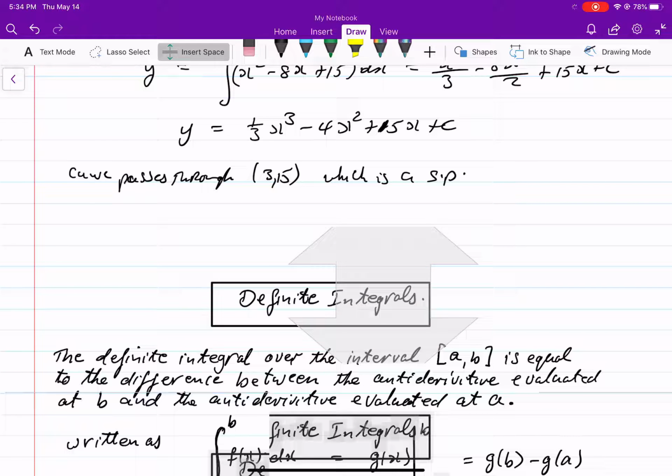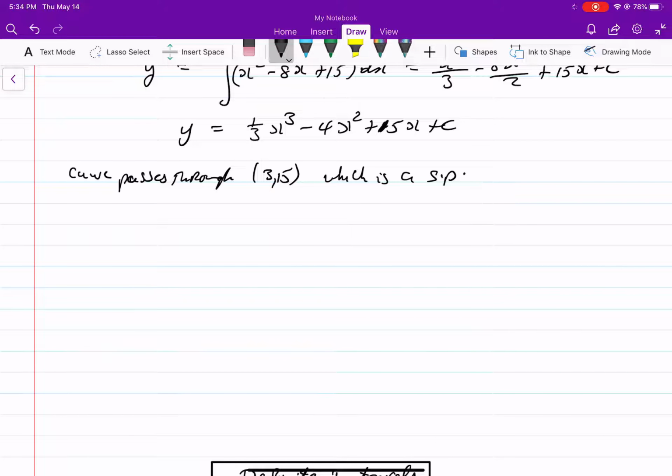Therefore, 15 is equal to 1/3 times 3 cubed minus 4 times 3 squared plus 15 times 3 plus c.